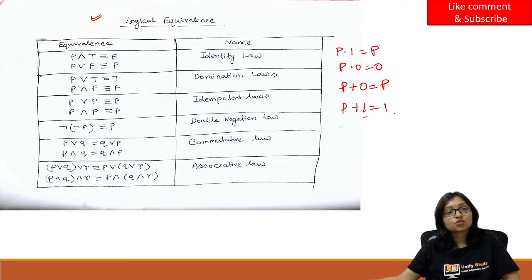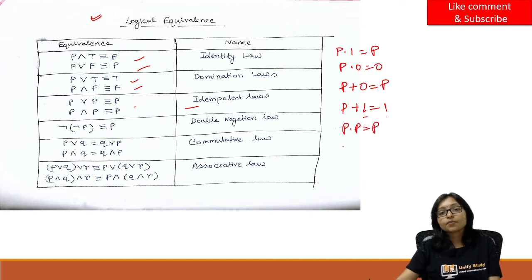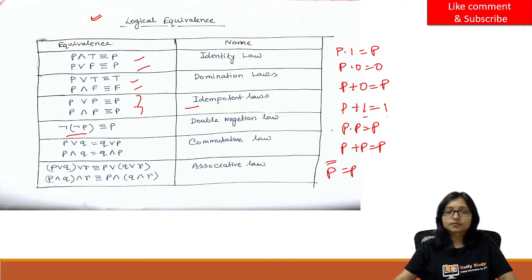Anything plus 1 is 1. Right? So these are the identity law and dominance law. And the idempotent law means when I am doing P dot P, that is P, and P plus P is also P. Double negation, P double bar equals P.